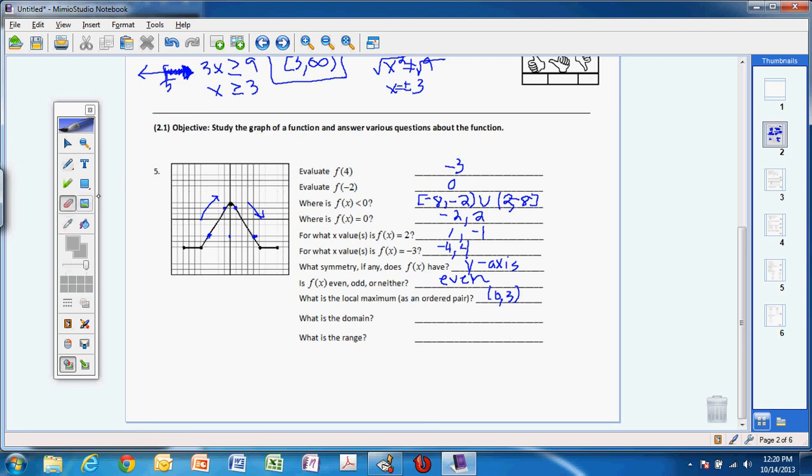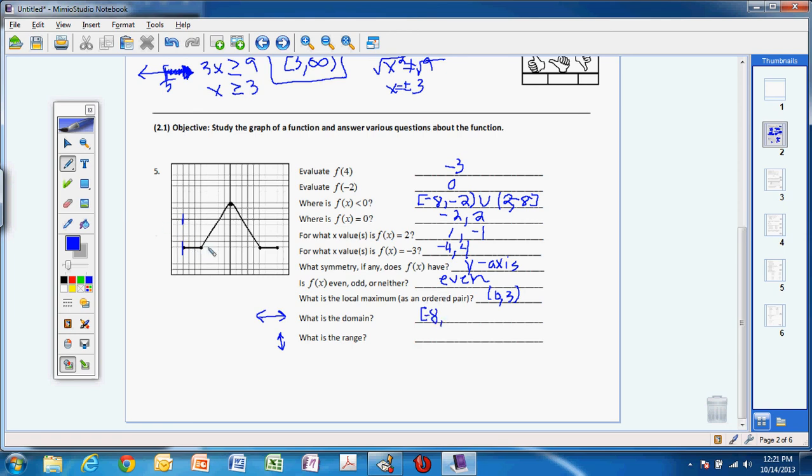Now I want to figure out domain and range. So domain, remember, is left to right, and range is bottom to top. So domain is the leftmost part of my graph to the rightmost part of my graph. Notice, when x is negative 8, that's when my graph starts.